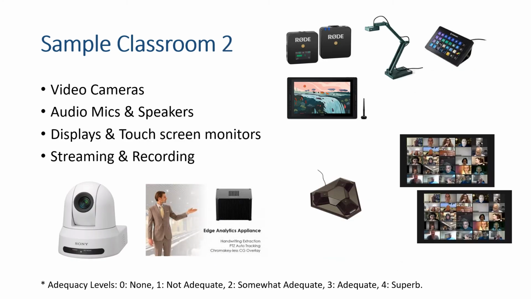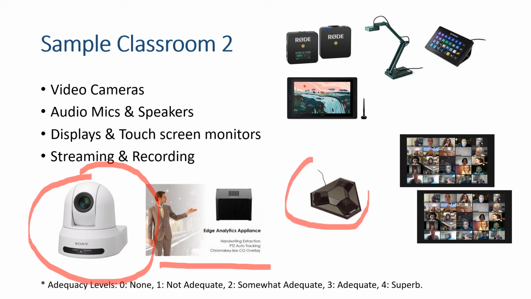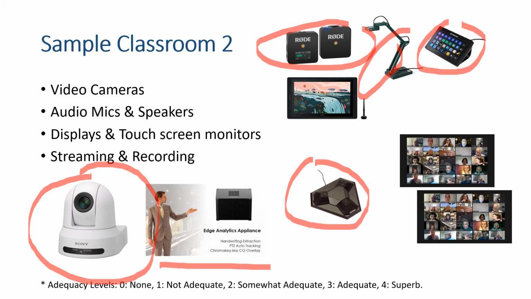This setup is much more comprehensive. It's more suitable for a larger space. So for example, a high-powered PTZ webcam, and then a special tool that could do overlay and auto tracking for the webcam as well, and then a desktop speaker/microphone, and then a wearable microphone, overhead camera, switch, and then wall-mounted monitors.